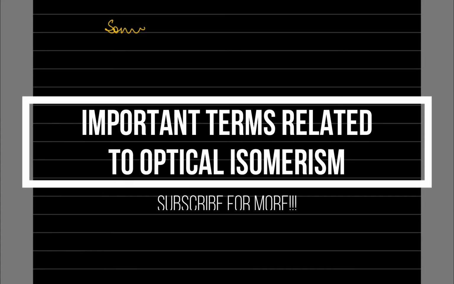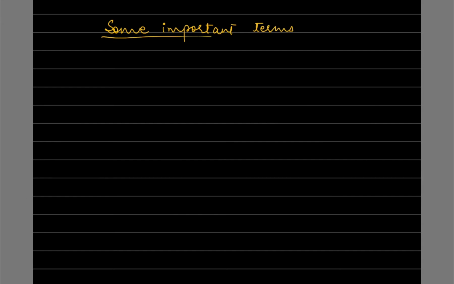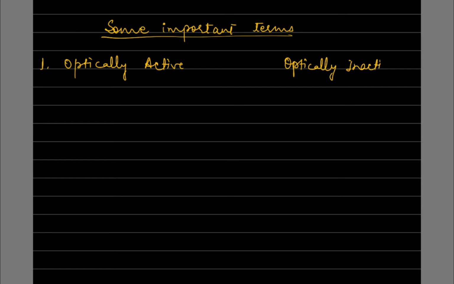Let's start with some important terms with optical isomerism. The first is optically active and optically inactive compound. Now, what is an optically active compound?